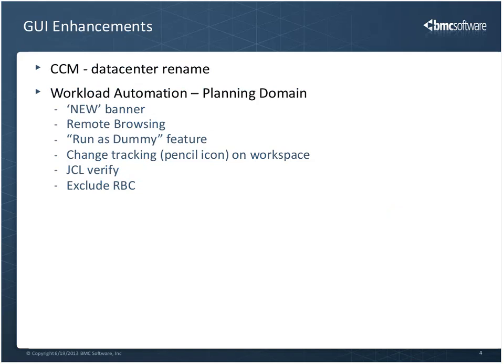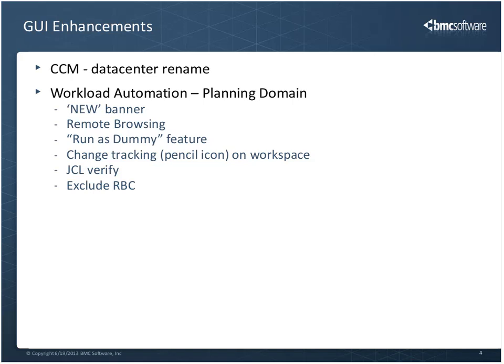In regards to the GUI enhancements we're going to be going over, the first is the data center rename feature in the configuration manager. Next are some new features in the workload automation GUI, what we used to refer to as the EM GUI, in the planning domain. We have a new banner denoting a new job, remote browsing, a run as dummy feature, and change tracking for jobs in a workspace.